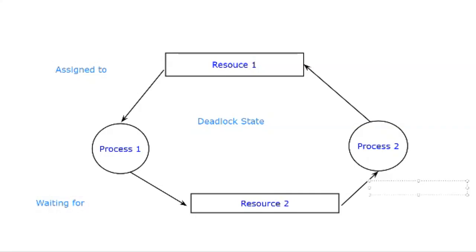Resource 2 is assigned to P2, and process 2 is waiting for resource 1.